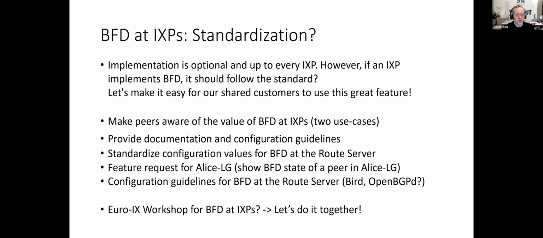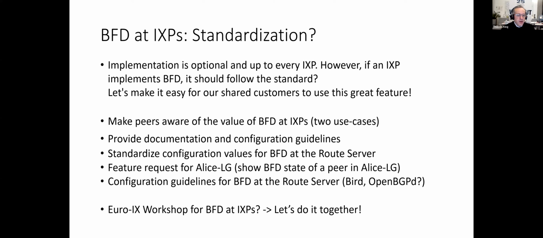And so what could we do? I think we could make the peers more aware. I think the documentation from Moscow IX is already a great start in this direction, that covers the value of BFD at IXPs, and also the two use cases I just presented here. We could also provide documentation and configuration guidelines, so it's very easy for the peers to set it up, especially if it's standardized, right?